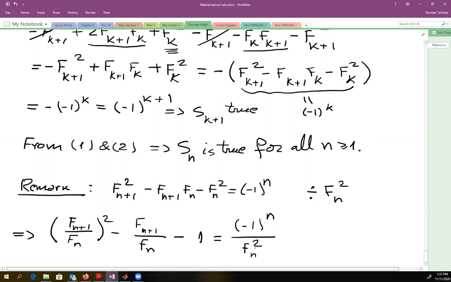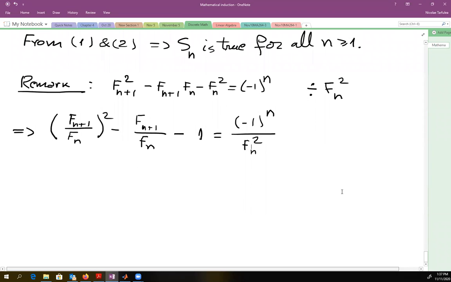Okay, now something interesting happens here, because we know that as n goes to infinity, fn, let alone squared, goes to infinity, right? So this implies that fn grows really fast.